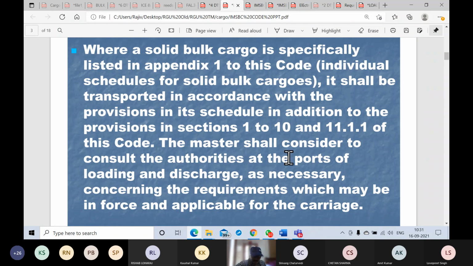Having said that, it is also important for the vessel to consult authorities at the port of loading and discharging in case any requirements are in force, maybe apart from IMSBC, if something more is required. So Appendix 1, individual schedules for solid bulk cargo.